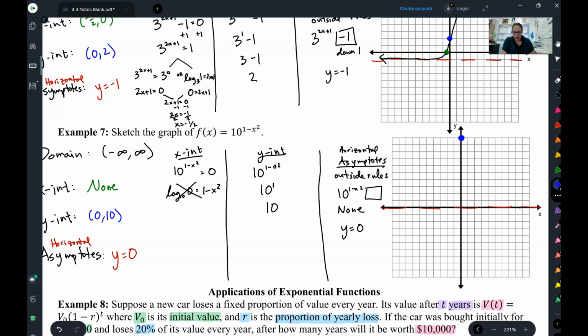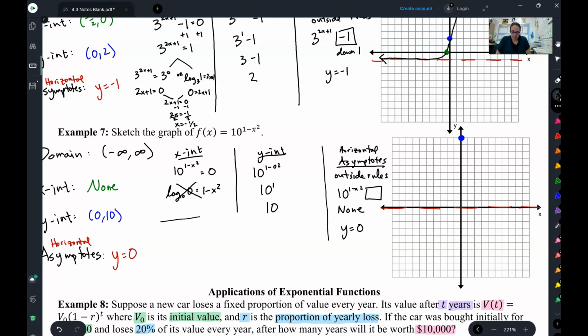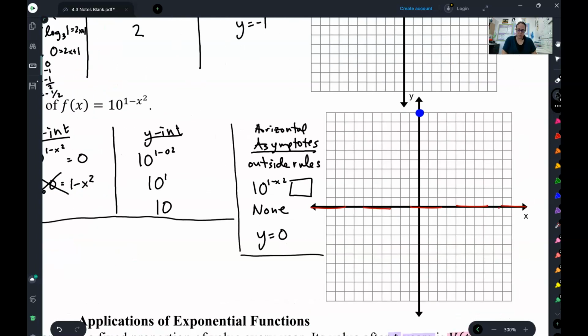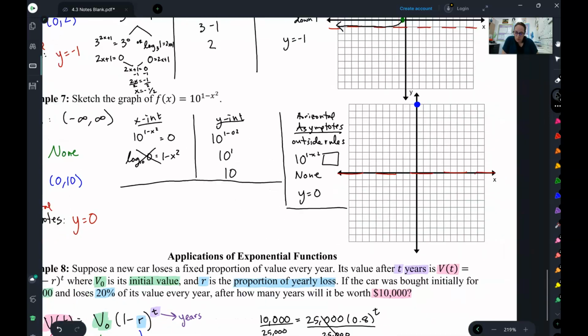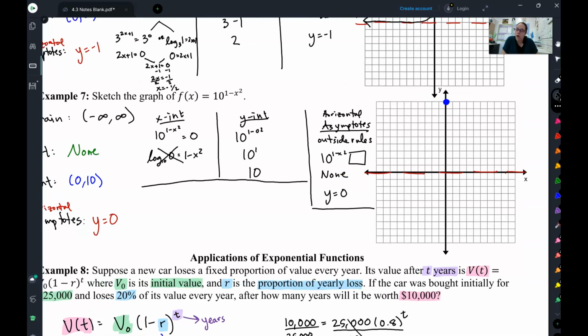Now, when I look at this right here, I notice pretty quickly that this is not enough information to really see this graph. You can't really know what a graph looks like by having a single point. So when all else fails with graphing, something I can always rely on is a t-table.